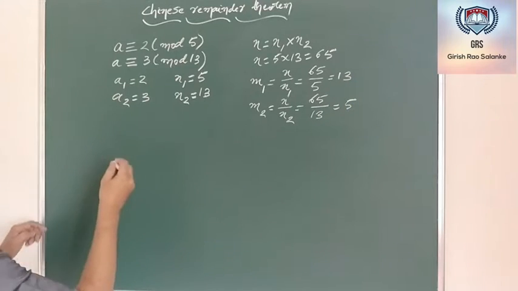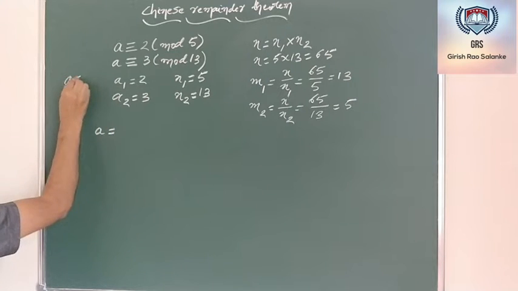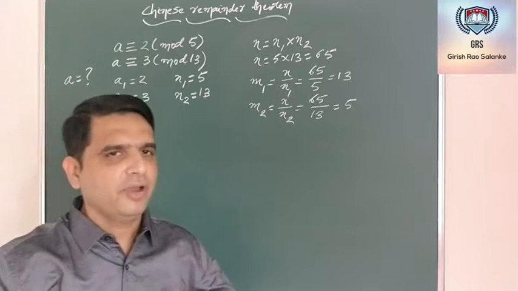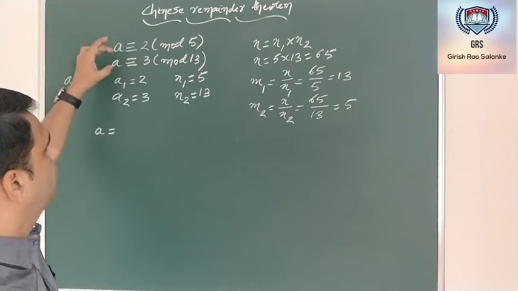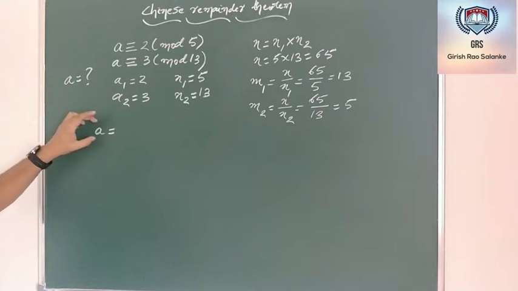Now I can calculate the value of A. Actually, we are supposed to find A. Not just one A; we can have multiple values of A such that both these equations are true. How to find this A value?